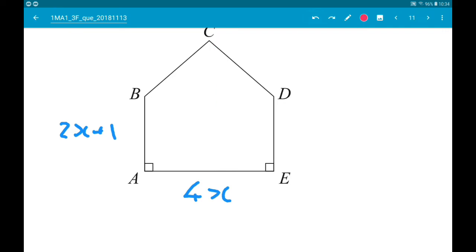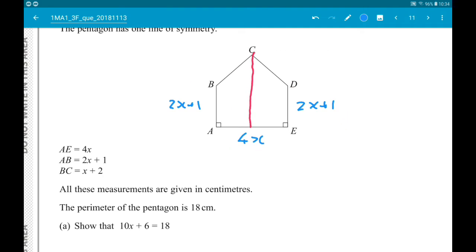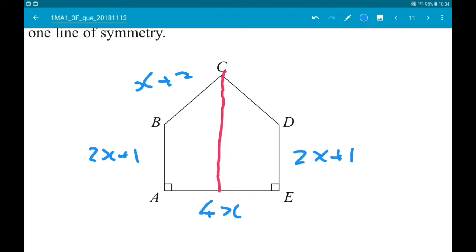Let's try that again. So we also know the length on the right is also 2x add 1. Okay, and then we're told BC is x add 2. So again, by this symmetry, we know both of these are x add 2.